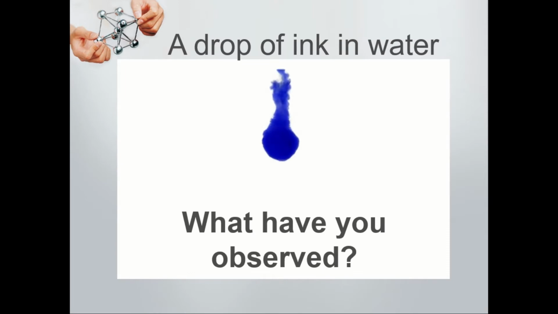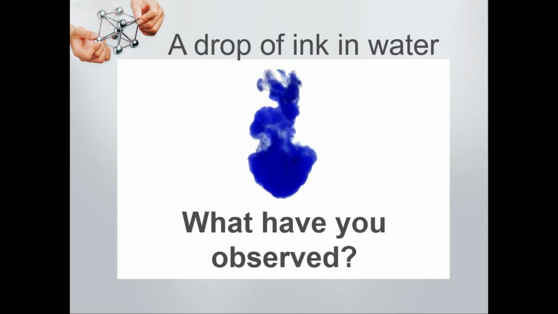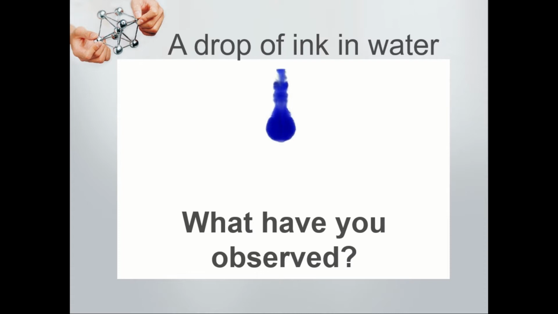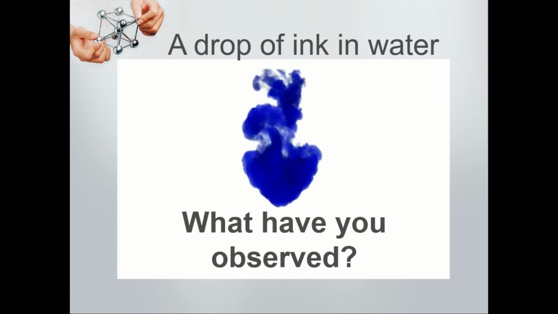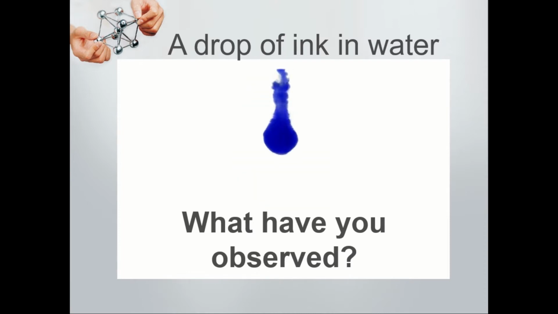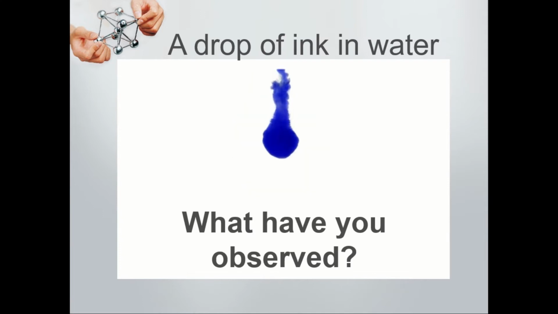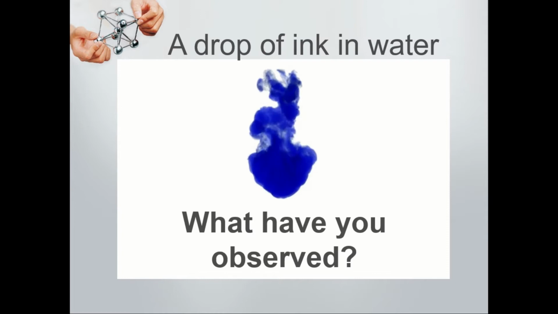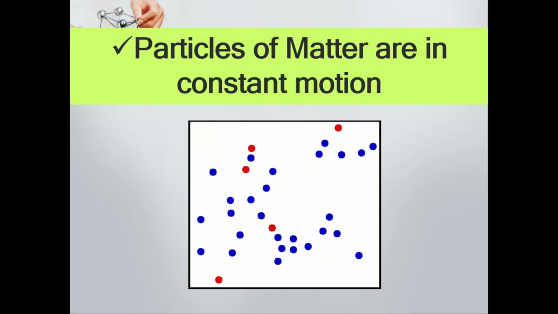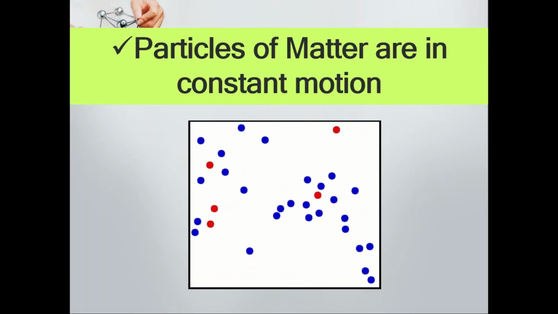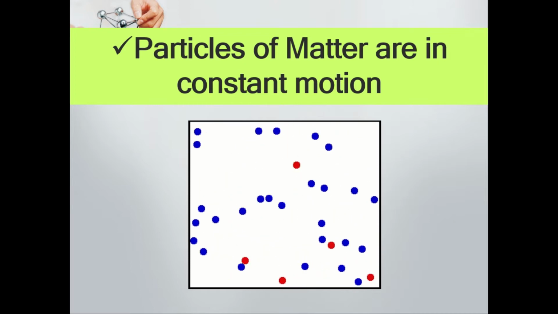We have here a drop of ink in water. What have you observed? As we can see, class, the drop of ink in the water spreads out. So it occupies the spaces in between our water. Aside from that, what really happens is that the particles of matter are moving. They are in constant motion.